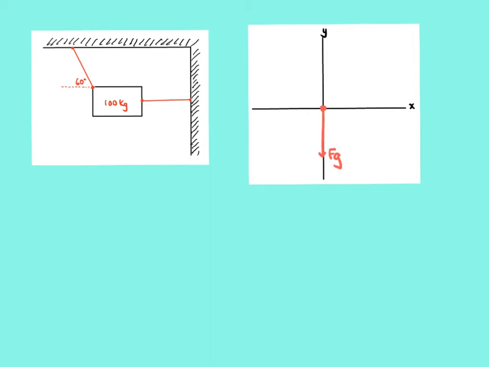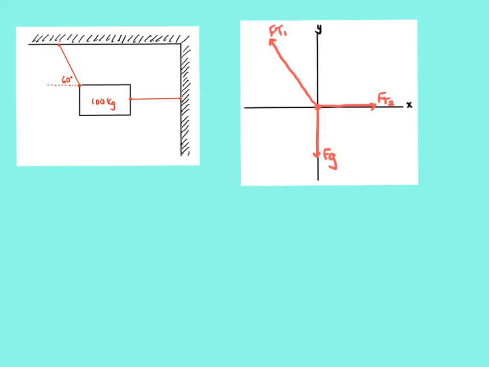We have a force of tension right here, and then there's another force of tension right here. I'm going to call this Ft1 and this Ft2, and we can think about this in terms of its components, because it's at an angle.